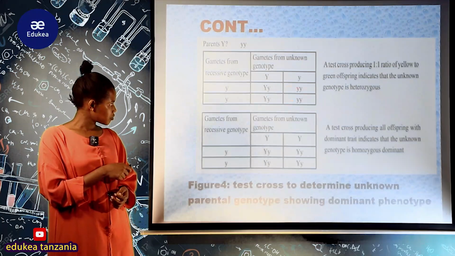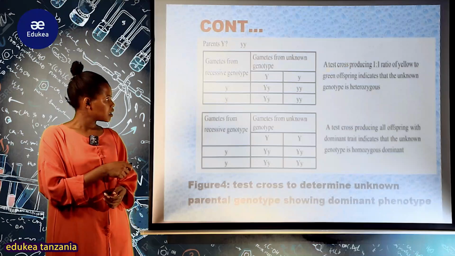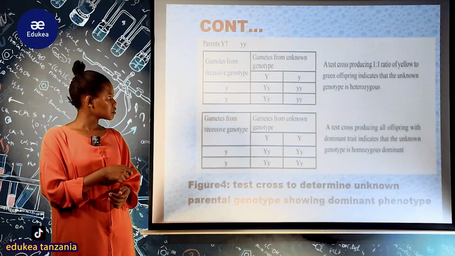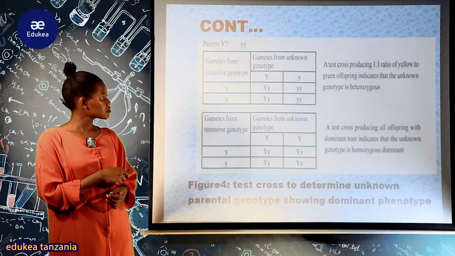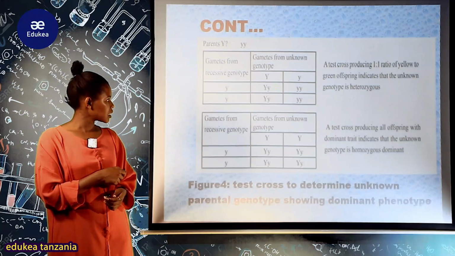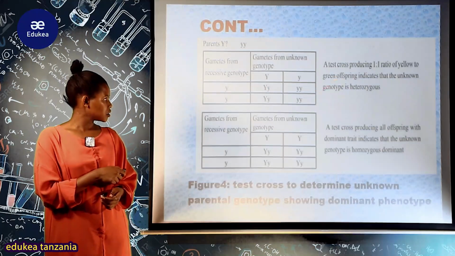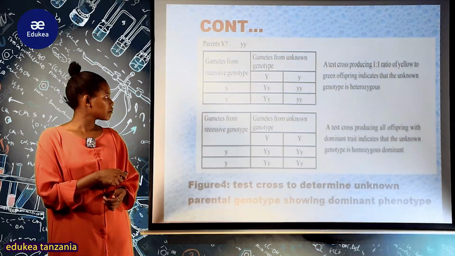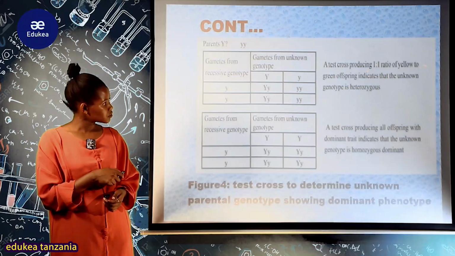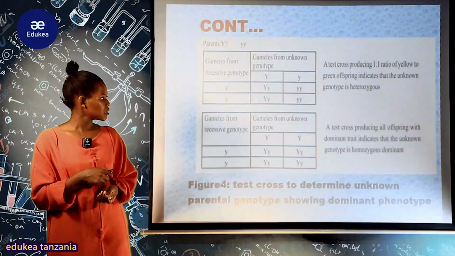We ended up getting this kind of genotypes and phenotypes, in which a testing cross produces 1:1 of the yellow to green offspring, which indicates that the unknown genotype is heterozygous. Kwa hiyo tukiangalia hapa tutapata heterozygous ni wawili na recessive ni wawili. Kwa hiyo obviously hii ina indicate kwamba this unknown genotype is heterozygous. Wewe mwenyewe ukifanya you will understand well.